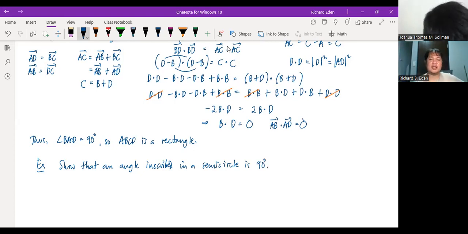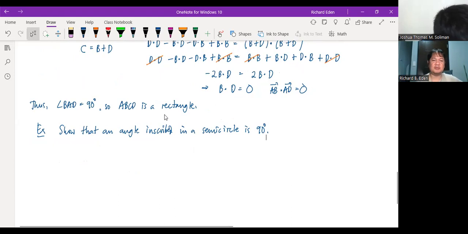Okay, something we've already encountered before. But this time let's use vectors.